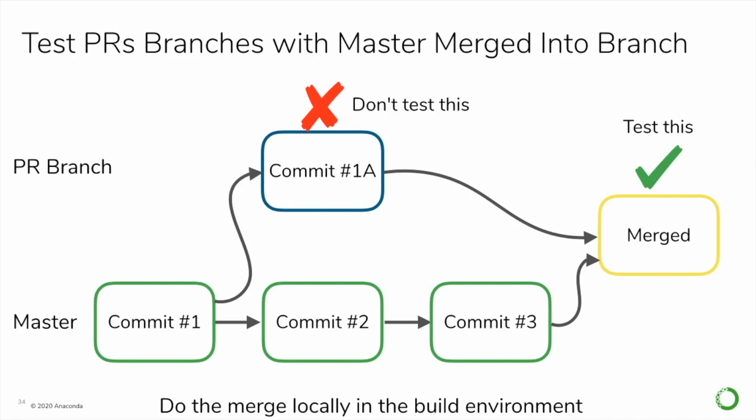You can have PRs that pass tests on the branch, like that commit 1A might pass just fine, but it actually creates a problem when merged into master because of commits 2 and 3 that occurred ahead of it. So you can do a local merge when you're scripting out the test, and often a lot of CI systems like Travis and others will automatically do this for you, so you often don't realize it's happening. But this is what you are actually testing, that merge and not the most recent commit of the PR itself.